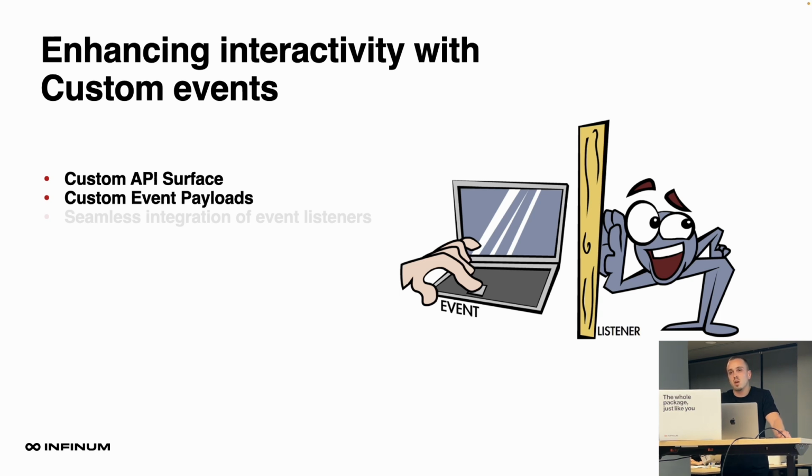We can also send custom payloads with our dispatched events, which makes them even more informative and useful for the users who are going to receive them, and anyone using our web component can listen for those custom events using standard techniques such as adding event listeners to our web component or custom element.